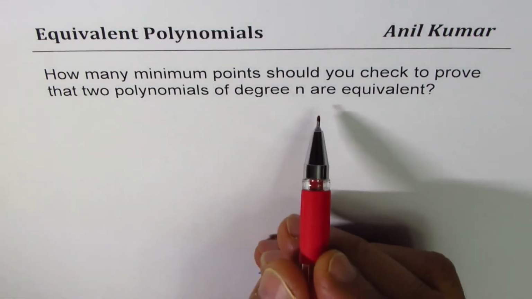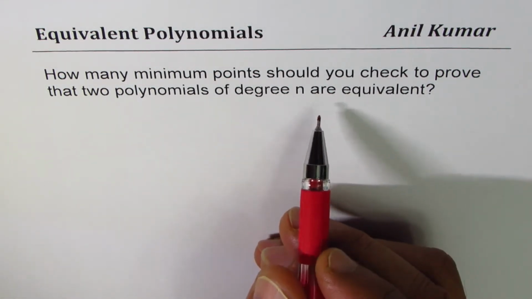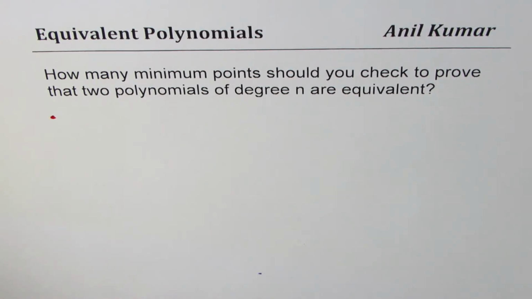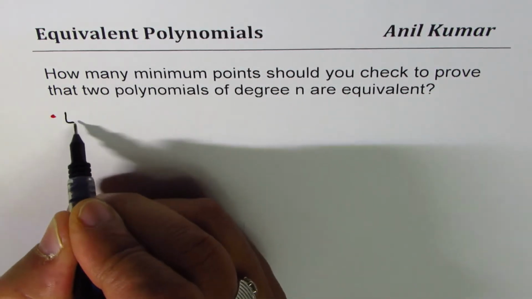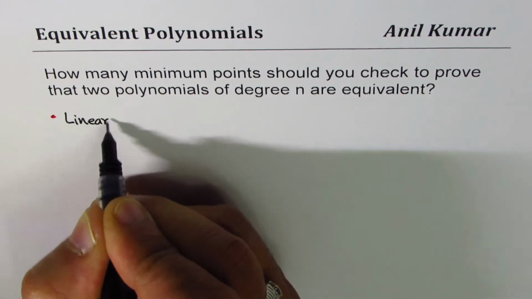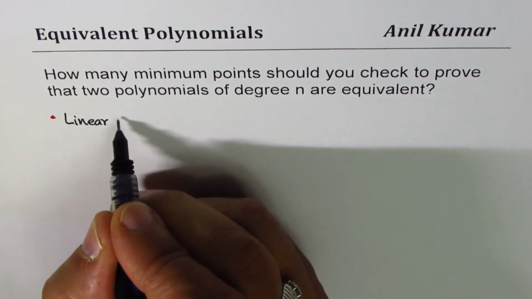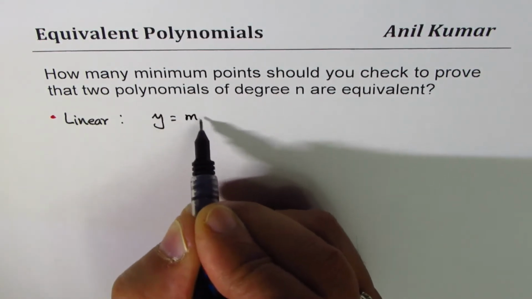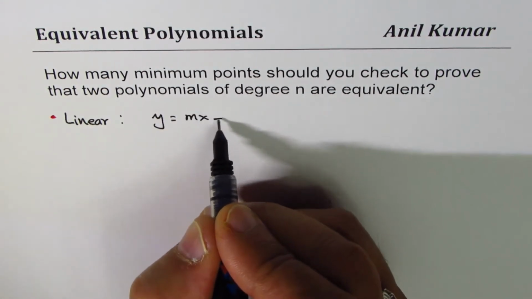Now let's derive this result by taking a few examples. So let's say we start with a linear function. If I have a linear function, in that case we could write the equation as y equals mx plus b.